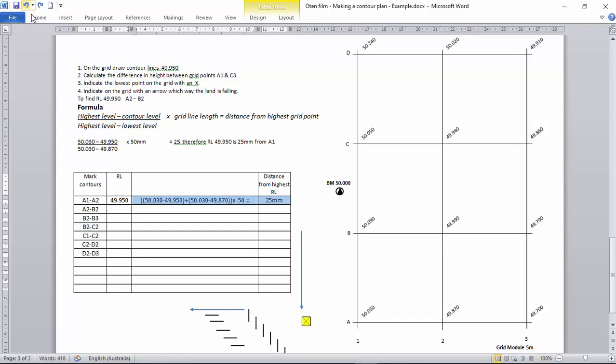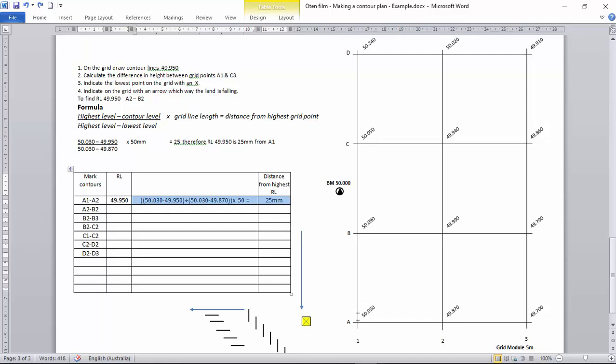And then we look at our first calculation. So the formula to find the correct position for your RL is the highest level minus the contour level divided by the highest level minus the lowest level. And we times that by the grid line length, and that gives us our distance from the highest grid point.